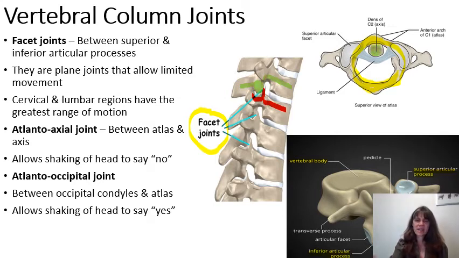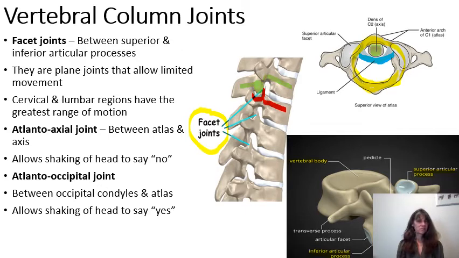And we know that atlas is held in place on axis by a ligament. The atlantoaxial joint between atlas and axis allows rotation to occur that forms a no motion.